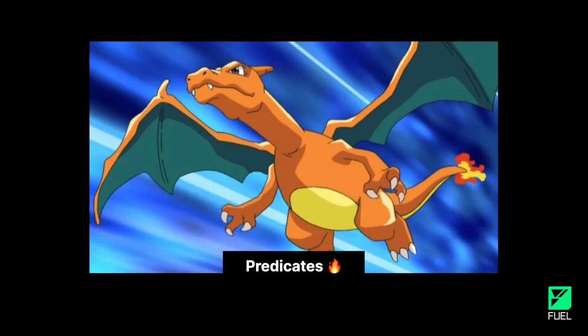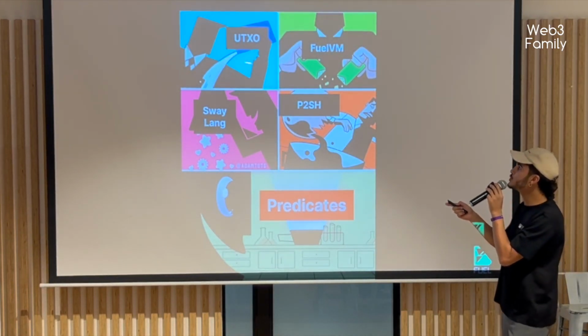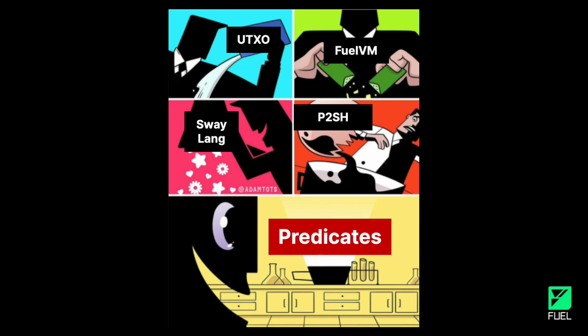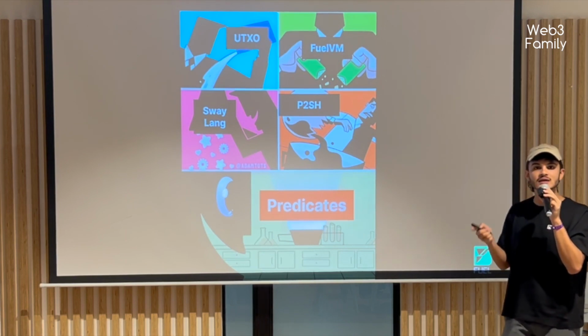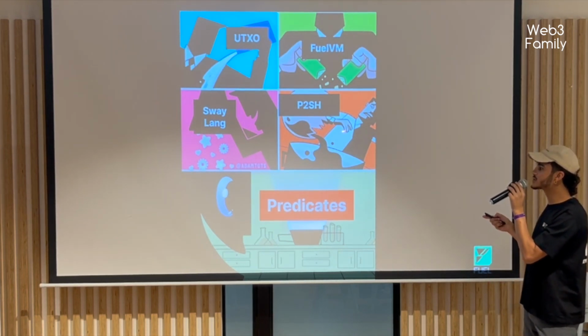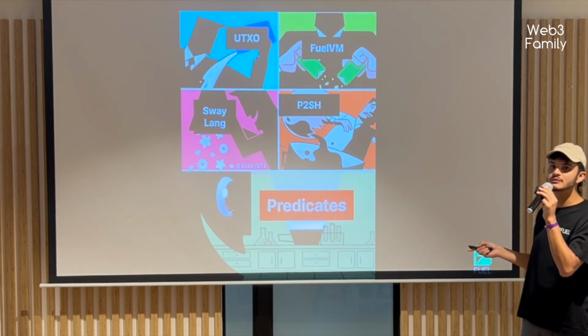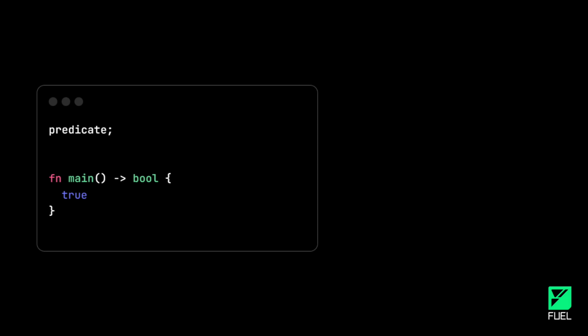So let's talk about predicates. Predicates mix the UTXO approach, a powerful VM such as the Fuel VM, Sway language, which is a Rust-based DSL, and the concepts behind pay-to-script hash. That is how you get predicates. A predicate is a pure function returning a Boolean.